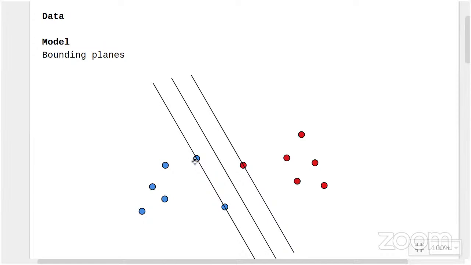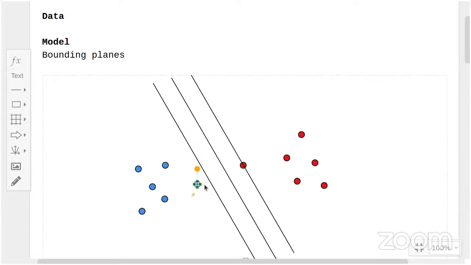So at least one. It need not be like this. It could be like this, but it can't be something like this, where only one class has points on the bounding plane. You need support vectors to estimate the hyperplane. Yeah, and the nice catch there is you need at least one support vector of either class to be in the mix.